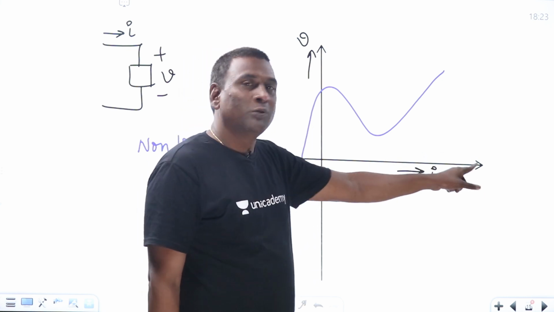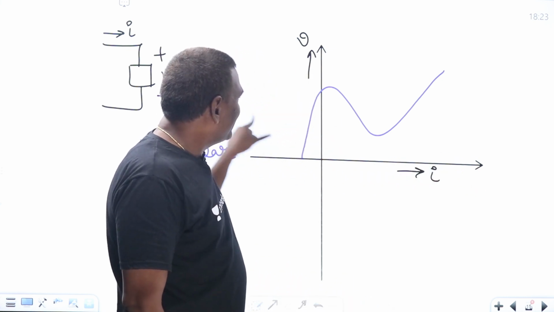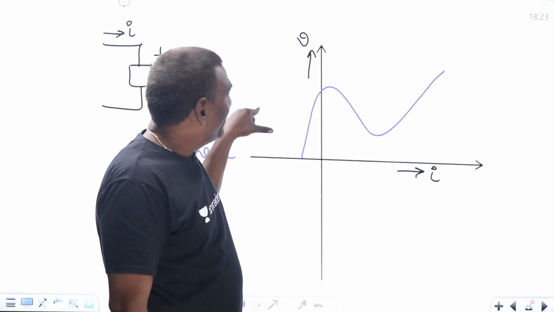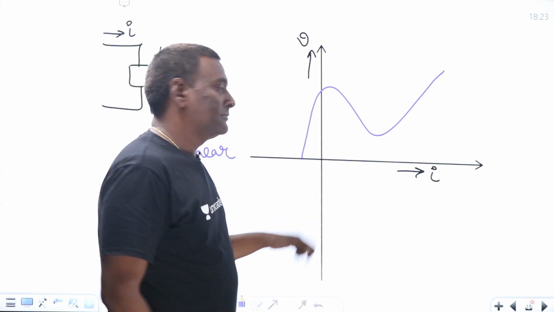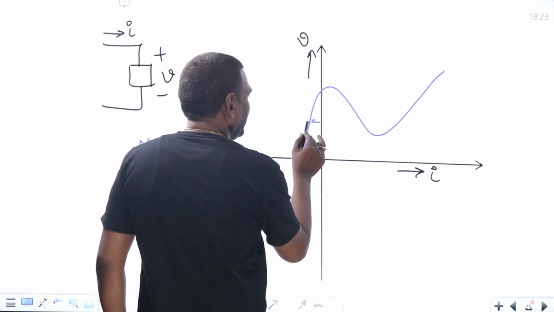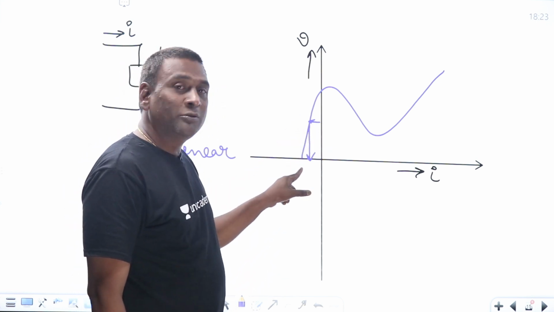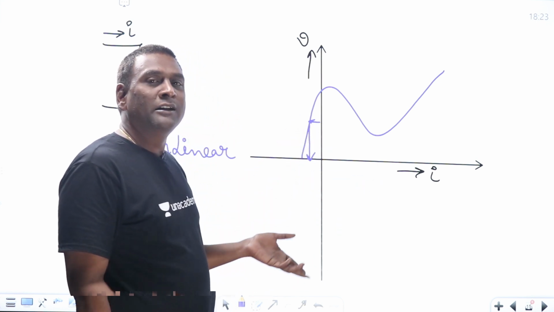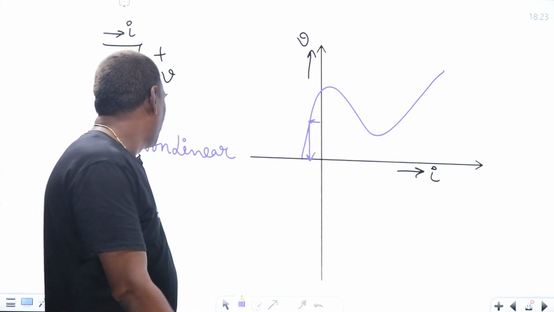But it is there in the second quadrant. The moment it touches the second quadrant, for positive voltage, negative current is coming. That means it is going to absorb negative power, it is delivering power, so it should be active.